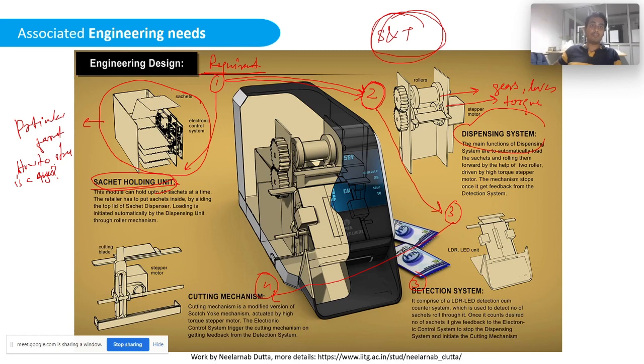For the sachet holding unit, the person needs to have the knowledge of the dimensions of the sachet, so he needs to consider the dimension and how to feed this. If this is a particular sachet chamber, you should also be able to bring it out of this unit, so that whenever the sachets run empty, you can fill it again.